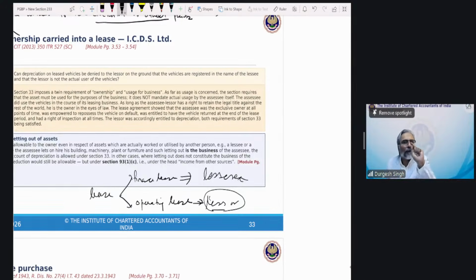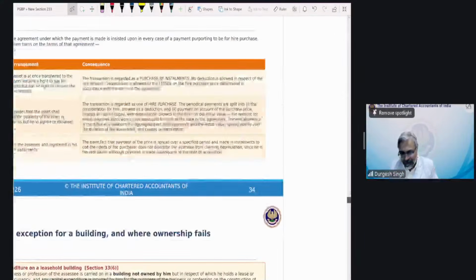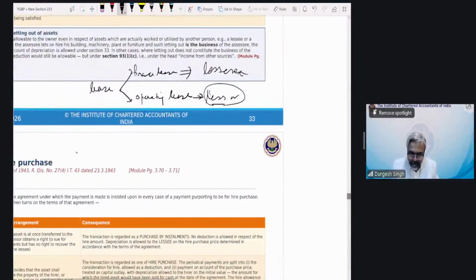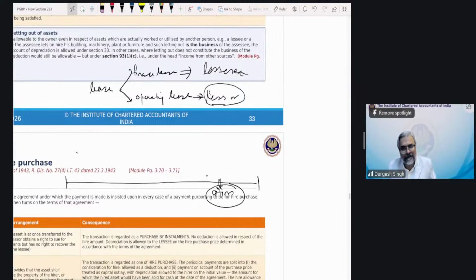And when they talk about ownership, in the finance lease also they will ask the same question. Be careful to note: suppose this is the lease period, a finance lease, a bigger period, and an option to acquire the asset is given somewhere here.